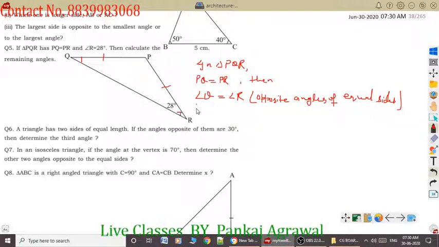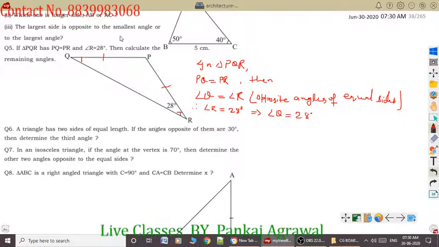So therefore, what is given? Angle R equal to 28 degrees, and then angle Q also will be 28 degrees. So angle R and angle Q are given.